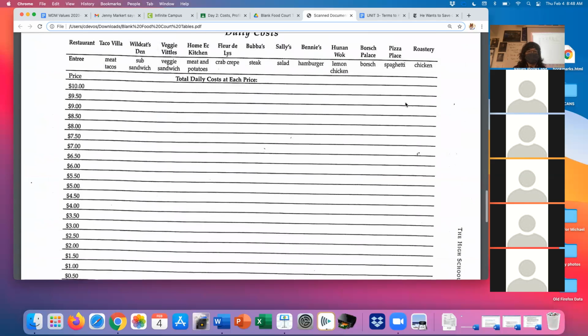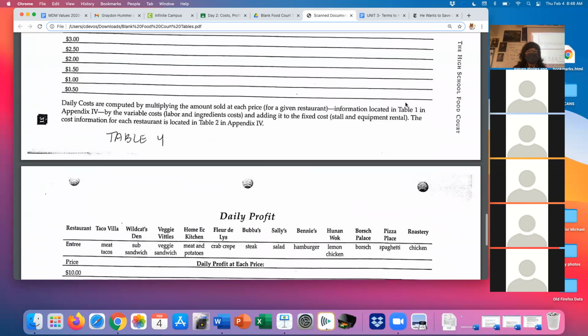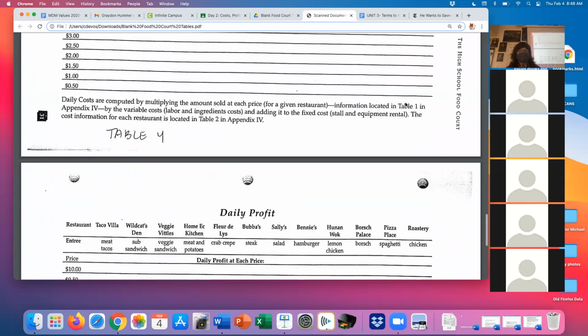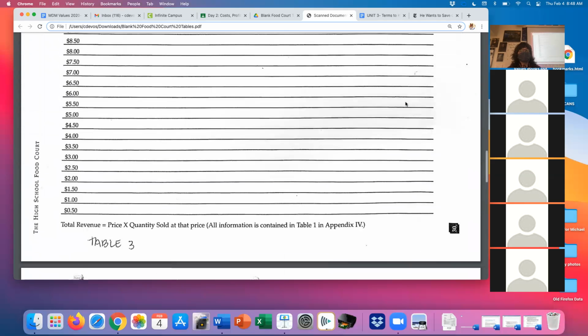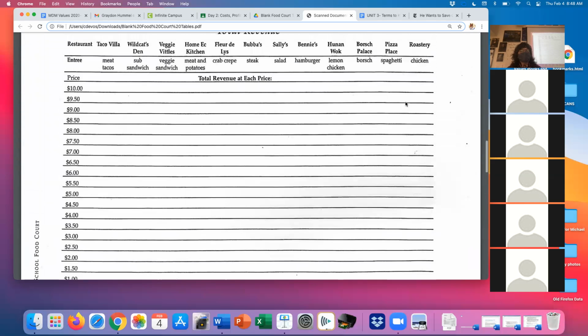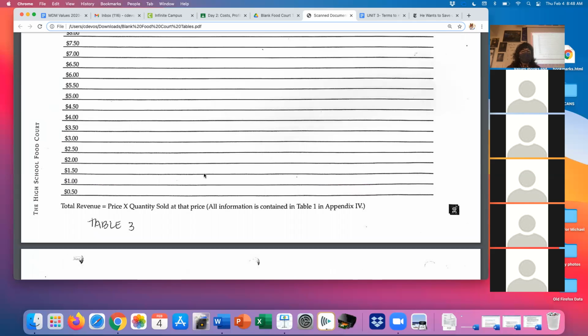So this is kind of interesting. What we're going to try to figure out is the profit, the revenue, and the costs. For instance, if I do Taco Villa, there's an equation down here. The revenue is the price times the quantity sold at that price.